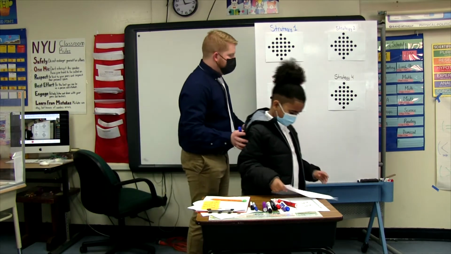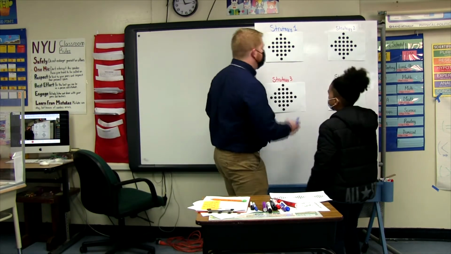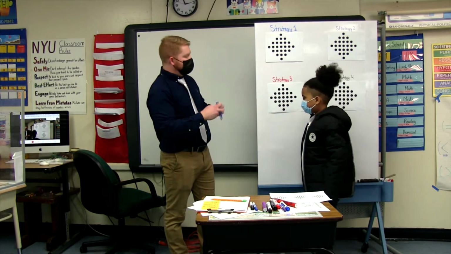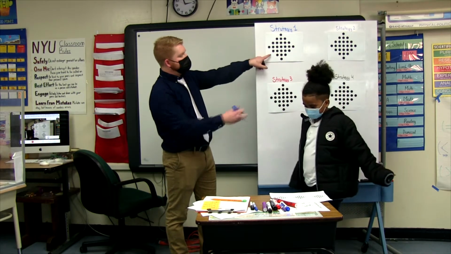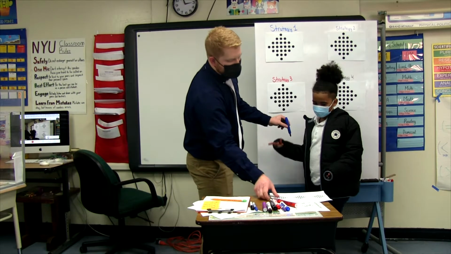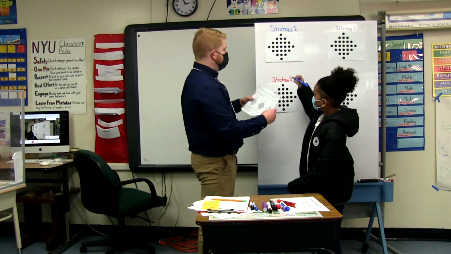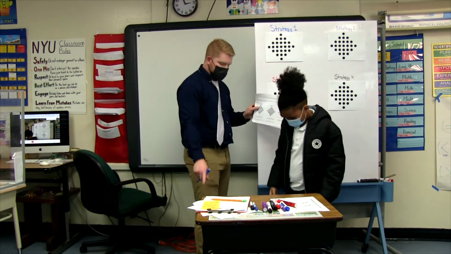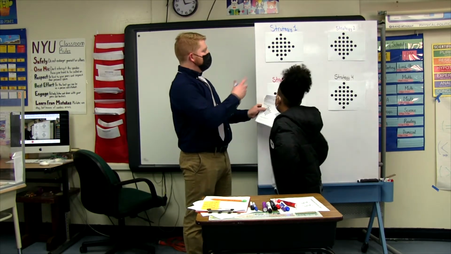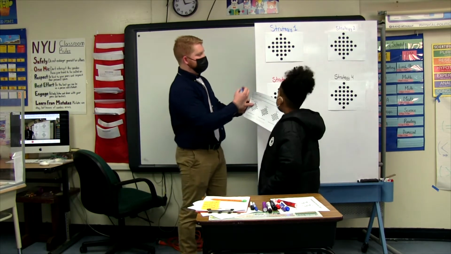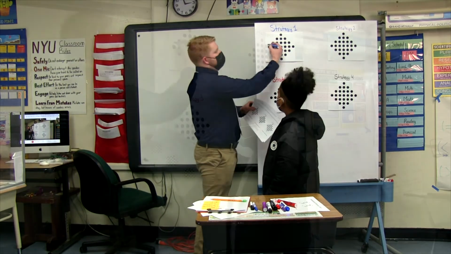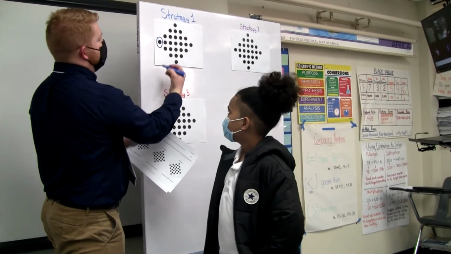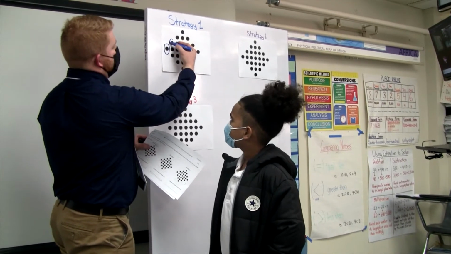So, Enzo, thank you for coming on up here. You can circle what you circled, and then we're going to write the equation to match. Tell me what you circled. I circled the first one, then the first, then the second, third.